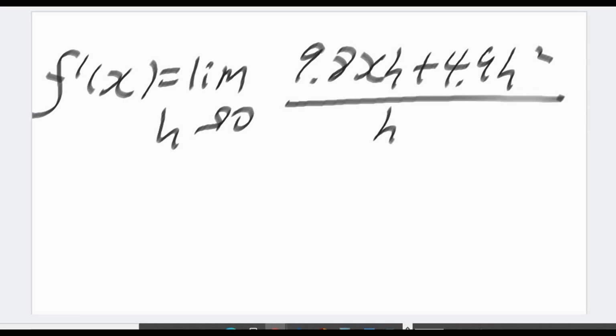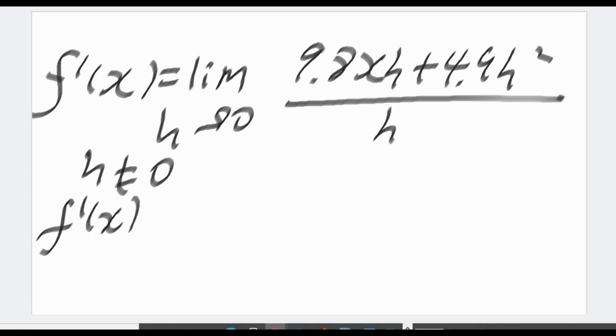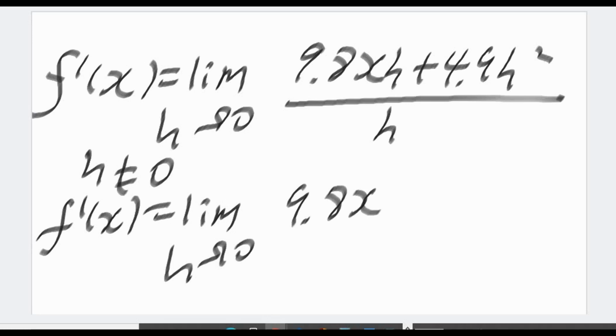And because h goes to 0 but is never 0, we can divide by h on both the numerator and denominator. Therefore we're left with limit h to 0, 9.8x plus 4.9h. Now, this is the tricky bit, or the most important bit.